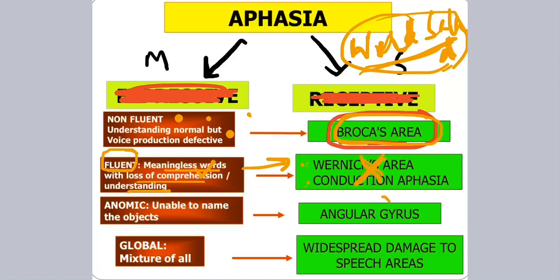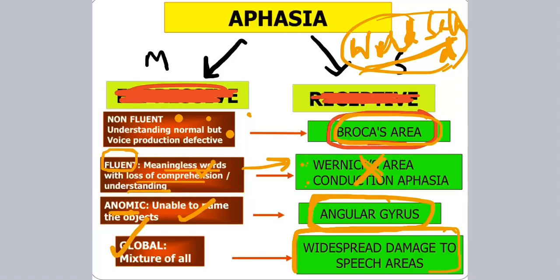Now, if only the angular gyrus is affected, there is a lesion of the angular gyrus, then that person won't be able to name an object by looking at it. Anomic aphasia, unable to name the object. And if there is widespread damage to the speech area, that is global aphasia, a mixture of all these things.